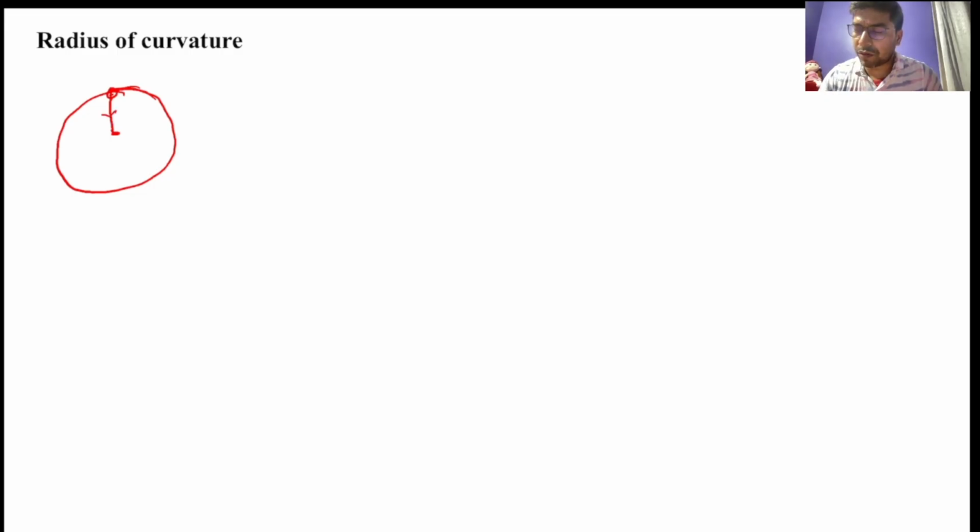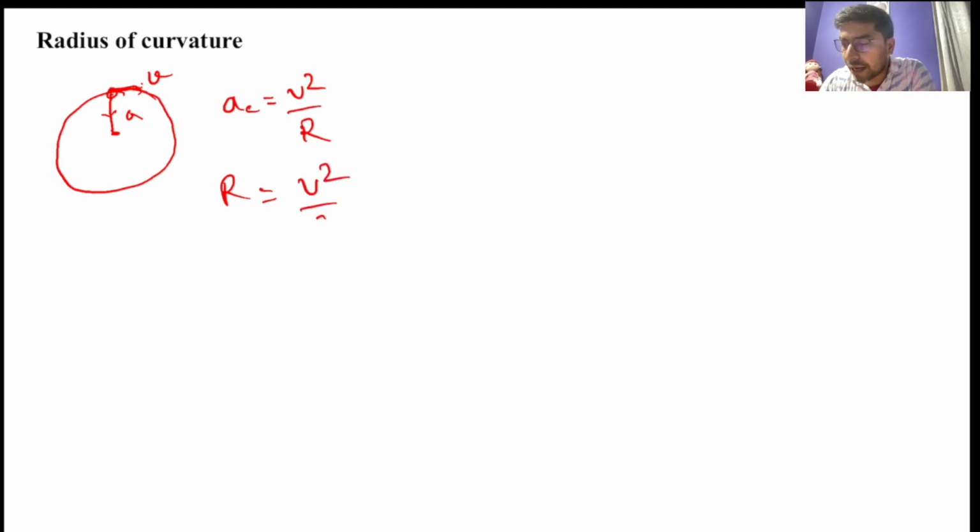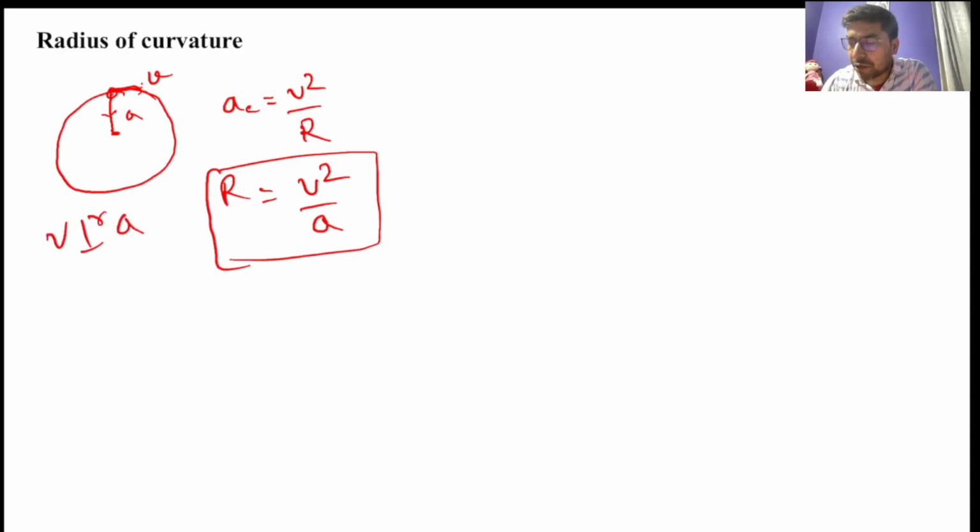If it is moving with constant speed v, centripetal acceleration will be, suppose ac is equal to v square by r. And if we want to write radius in terms of acceleration and v, we can write radius is equal to v square by a. But what is the condition for this a? V and a perpendicular to each other, right? That's all. This is the radius of curvature.